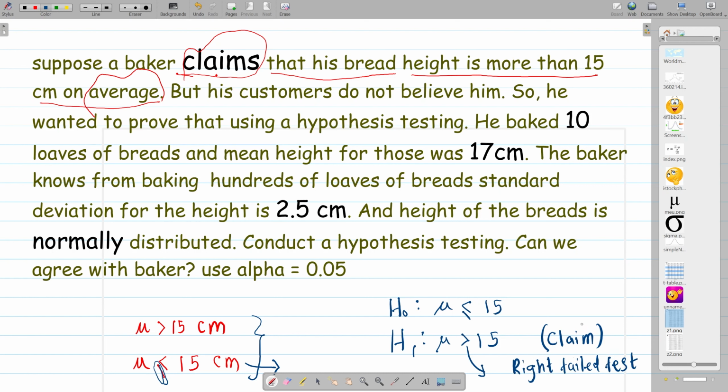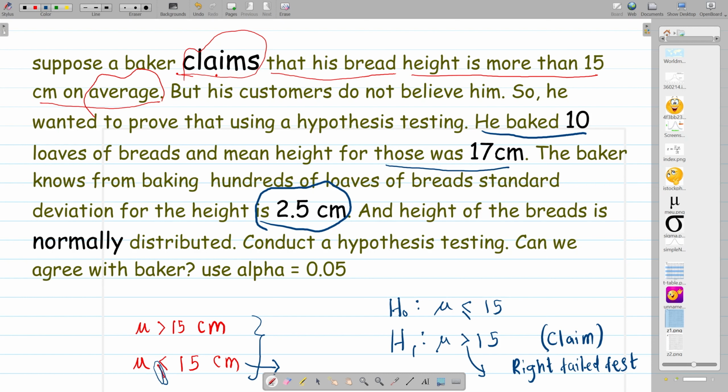Next, we should find out which distribution to use. Look at this statement. The baker knows from baking hundreds of loaves of breads, standard deviation for the height is 2.5 centimeters. See, this is not something that belongs to a sample. This is the sample, that's true: n is equal to 10. He baked 10 loaves of breads and mean height for those was 17. Yeah, that's true.